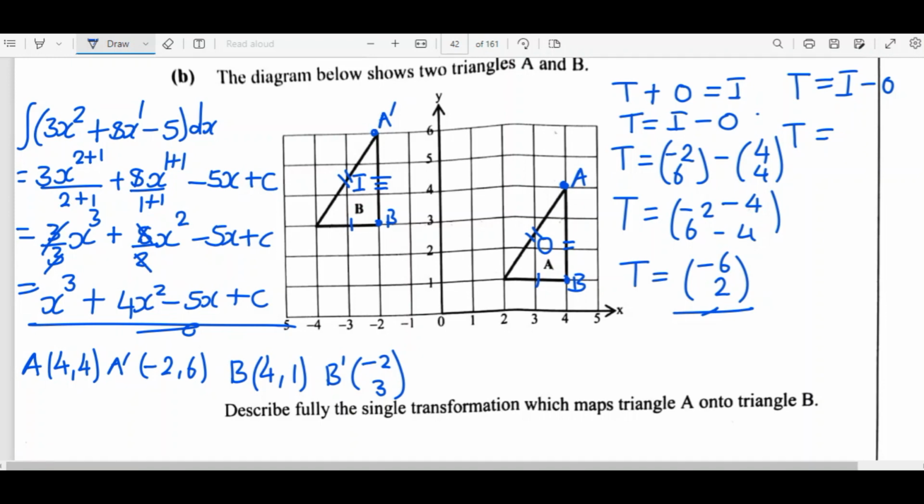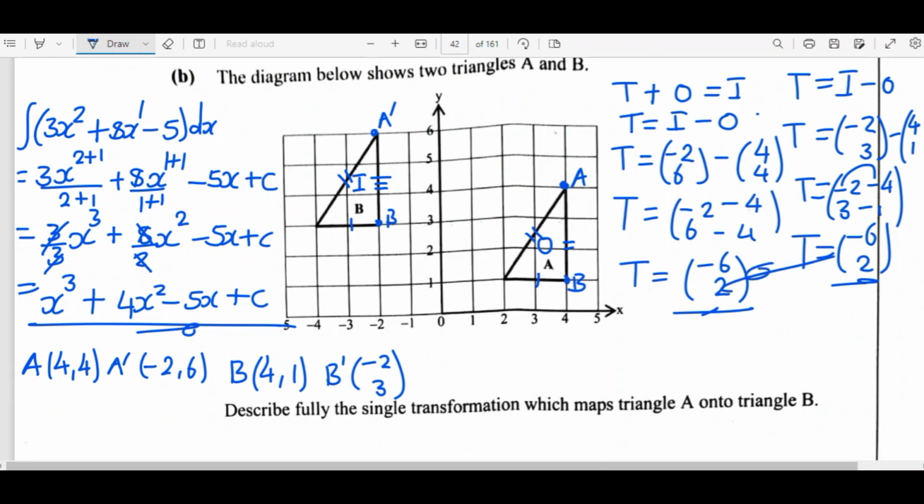We begin with the image, (−2, 3), minus our object, (4, 1). So t is equal to (−2 − 4, 3 − 1). On top we get −6, since with the same sign we add, and 3 minus 1 gives us 2. So we can see that we are getting the same answer.